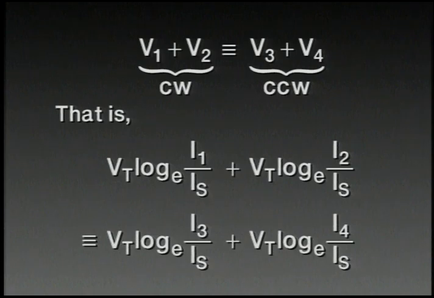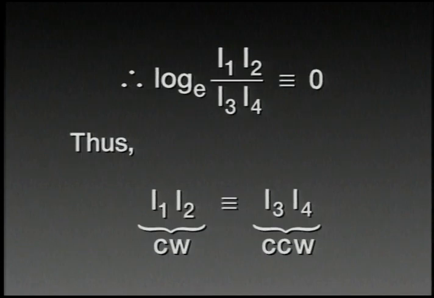We can also jump ahead and see that because I sub s occurs in the denominator of all of the logarithmic arguments, it too is going to cancel. So we end up with something much simpler, namely that the log of a product quotient argument is equal to 0, which means that the argument itself must be equal to 1, and it follows that the product of I1 and I2 must be identical to the product of I3 and I4.